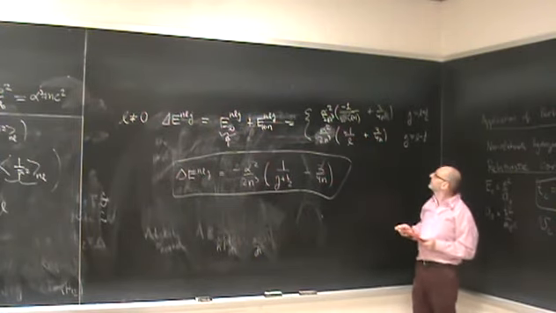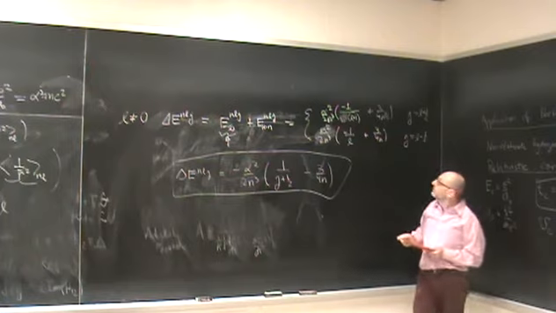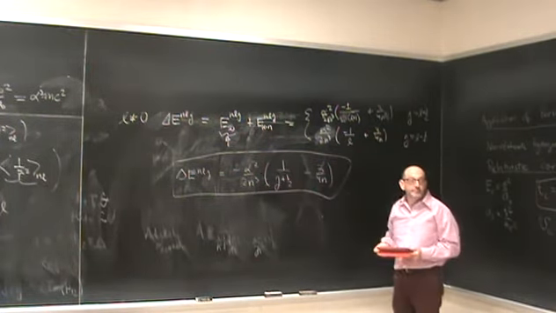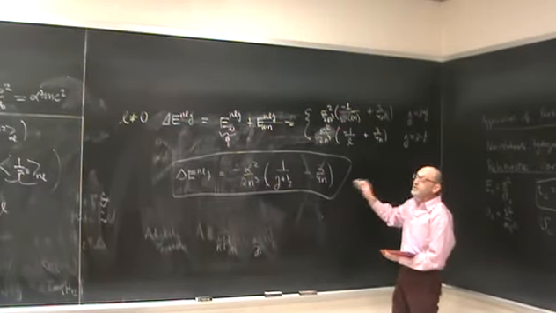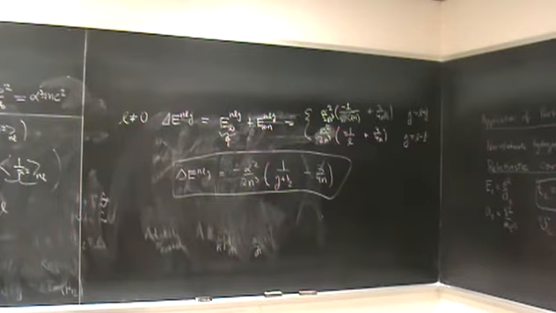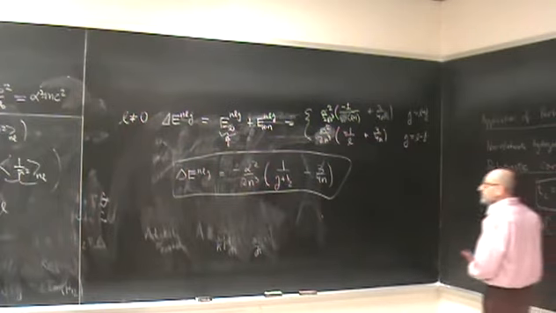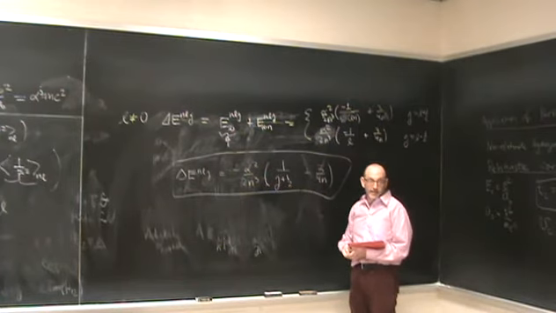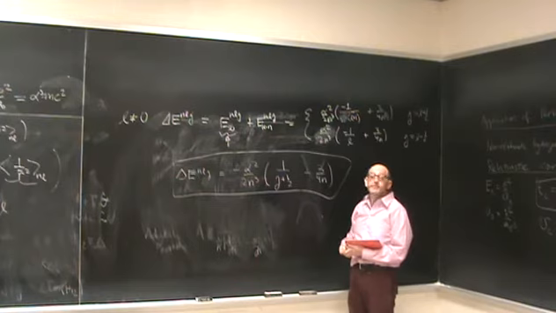I factored out the overall minus sign. So what we see here is that this particular form of the fine structure shift depends only on J. So that's the fine structure shift energy. Yep, that's what this is.